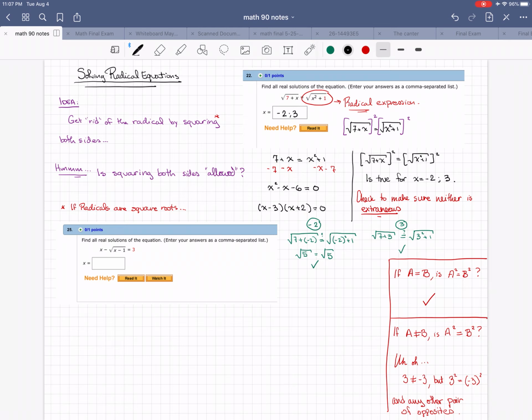So for this problem, I actually want to start by looking at the left-hand side. And I want to point out to you that in this particular instance, the radical is not isolated on the left-hand side. If you compare that to the example that we just did, the radical expressions were by themselves on either side. So squaring was actually a really simple, quick exercise.